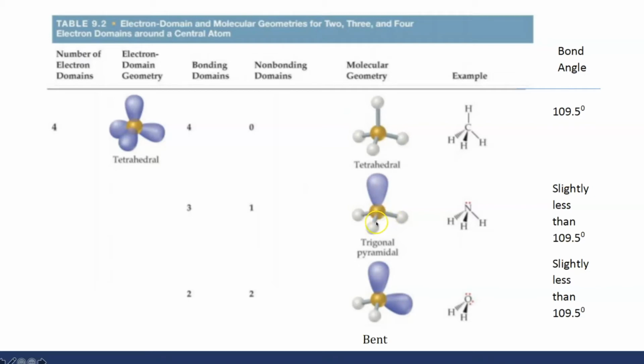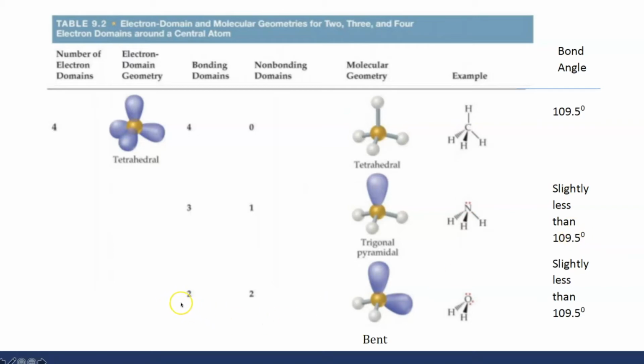Like it's crumpling towards itself. This is called trigonal pyramidal. An example would be NH3. So here I have my three hydrogens, so 1, 2, 3 bonding domains, and my one non-bonding domain up top. So since that takes up a little more space, it's going to be slightly less than 109 degrees.